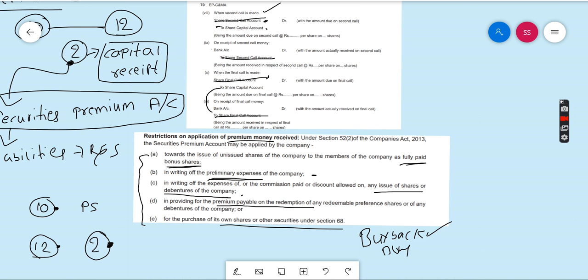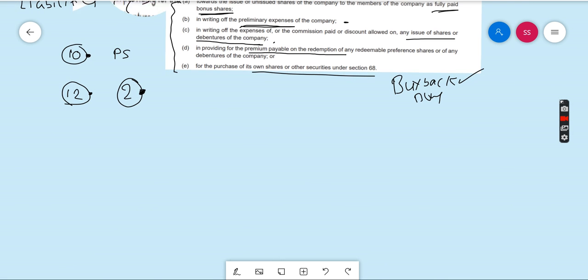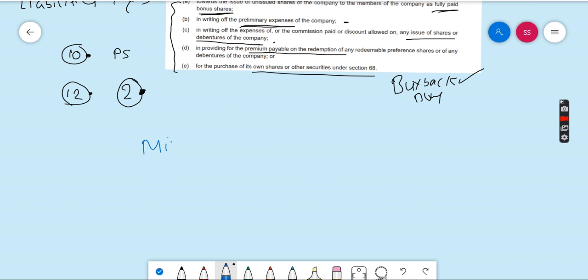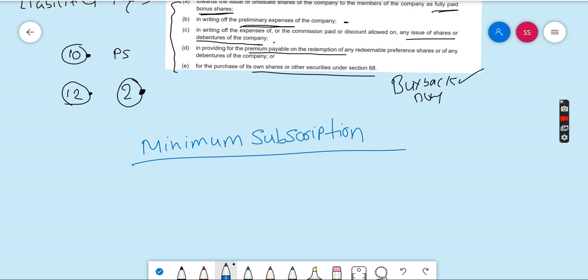Okay, next one, minimum subscription. So when you issue the shares to the public, in the prospectus the minimum subscription will be mentioned.